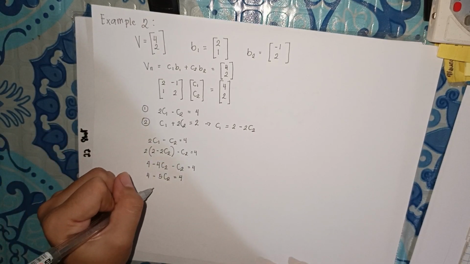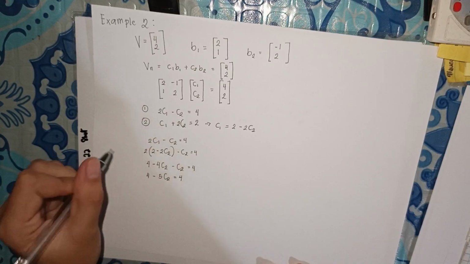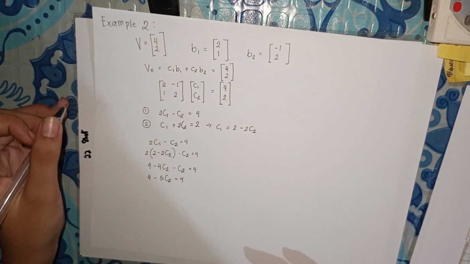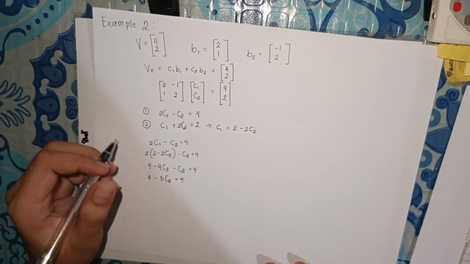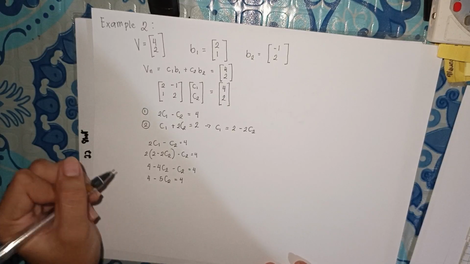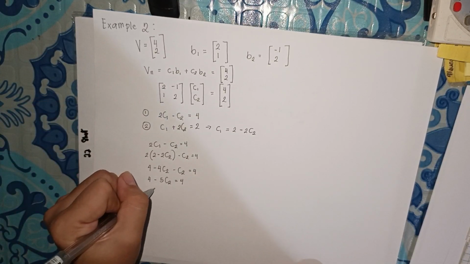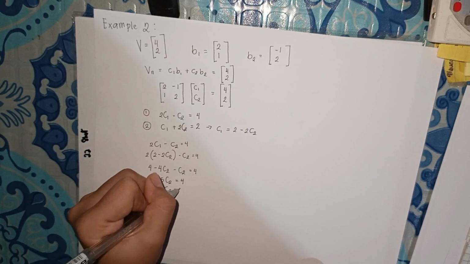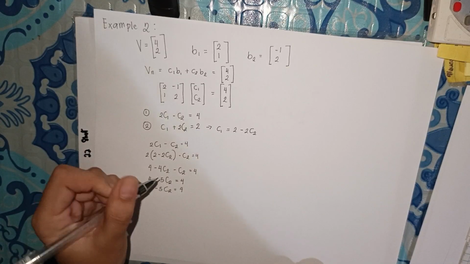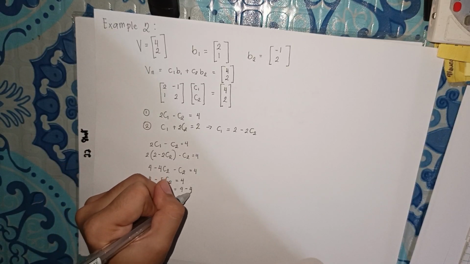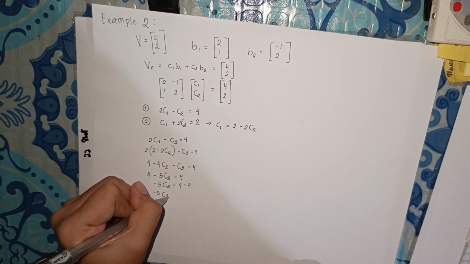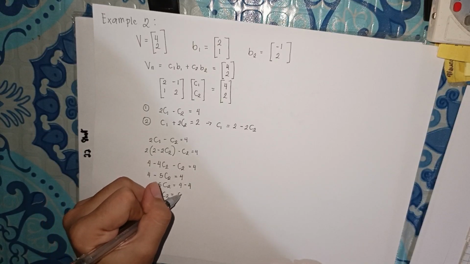Then we transpose the 4 to the other side, since the value we want to get is C sub 2, or scalar 2. So negative 5 C sub 2 is equal to 4, then since it is positive, minus 4 becomes negative. Then negative 5 C sub 2 is equal to 4 minus 4, which is 0.